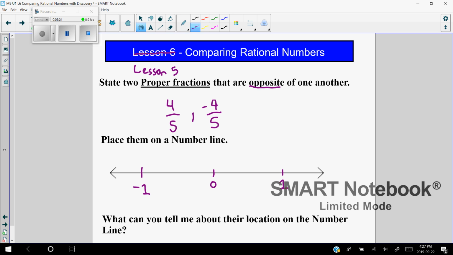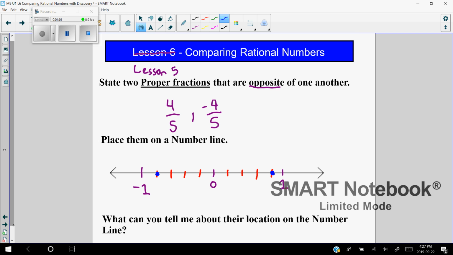And then I have to divide this section into 5 pieces. So 1, 2, 3, 4, 5. 1, 2, 3, 4, 5. So notice in order to make 5 sections, I only have to put 4 lines. So now my points, I have 4/5 positive here and -4/5 here.